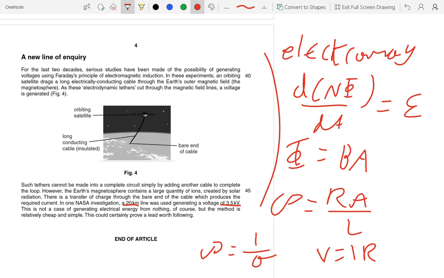So which ones are good for long travel, which ones are good for short travel, and this one at the end is kind of good for orbits in a limited sense. You don't have to keep supplying power and batteries to it, but it's not very flexible in that sense.